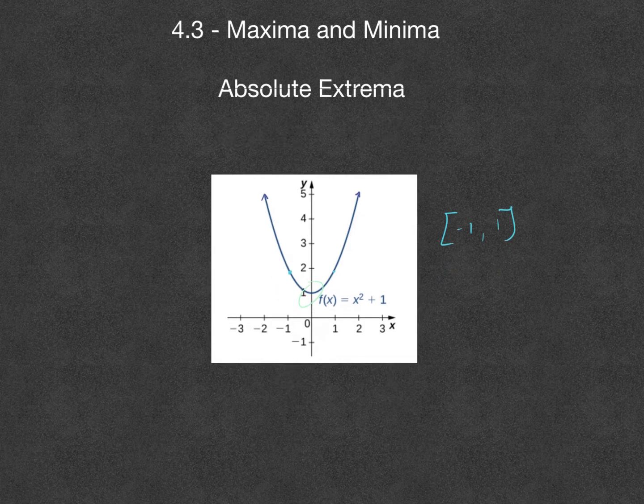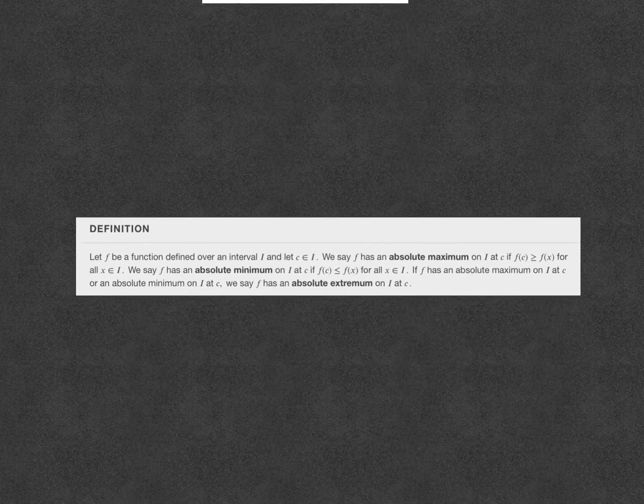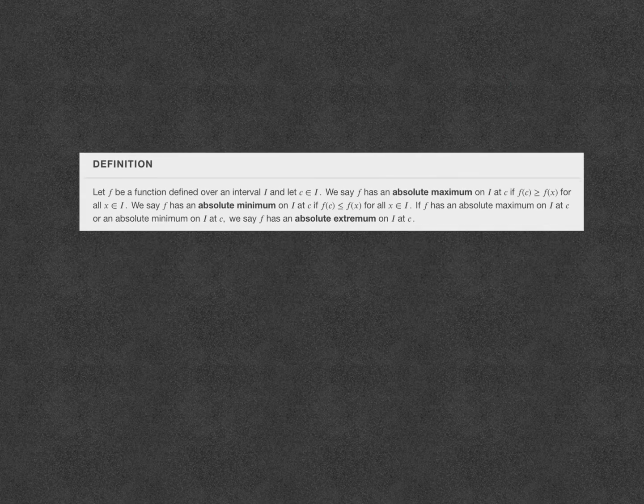So first we will define what an absolute maximum and minimum is. This is a super formal definition. Let f be a function defined over an interval I, and c is a number contained in that interval. We say that f has an absolute maximum on I if f of c is greater than or equal to f of x for all x in I. Okay, that's super formal.